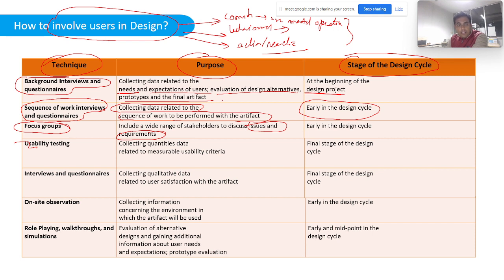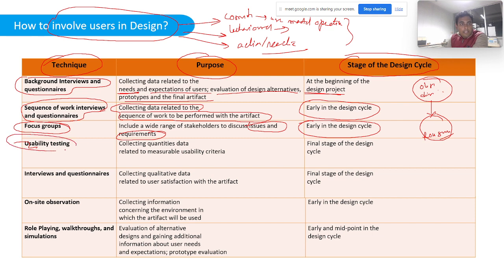These are again used in the early phase of the design cycle. However, they need to be adopted after you do your primary contextual inquiry, which would be observation or direct field study. Only then should you use focus groups.